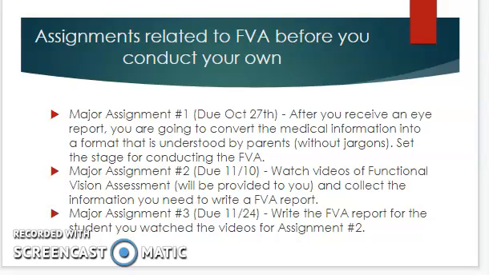So for example, if Dr. Conroy is assessing the visual field preference for the student, you're going to see how the student is responding through the video and write it in a form and submit it. You will get instructions before that to do that. So basically, instead of you conducting the functional vision assessment, you're going to watch the video and then collect all the information you need from those videos, actually a collection of videos.